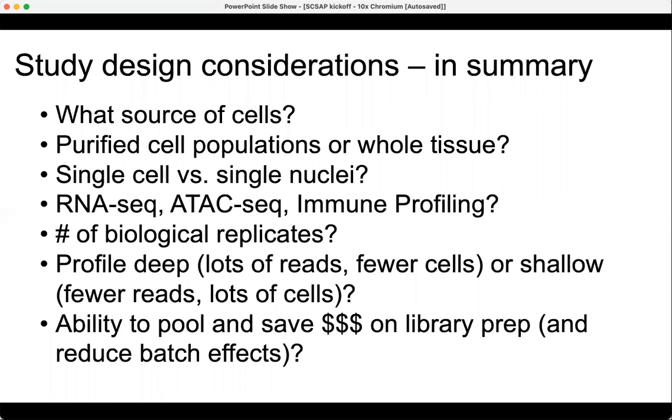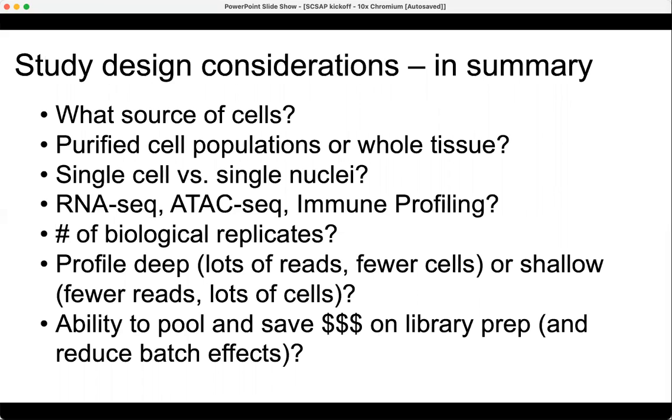And so when we're thinking about how to design a study for 10x Genomics, there's a lot of things you want to take into account. This is something I'd be happy to chat about over email, but think about what the source of cells is that you're using. Do you want to look at purified cell populations or whole tissue? Do you want to do single cell or single nuclei? Are you interested in RNA-seq, ATAC, or both? Immune profiling?